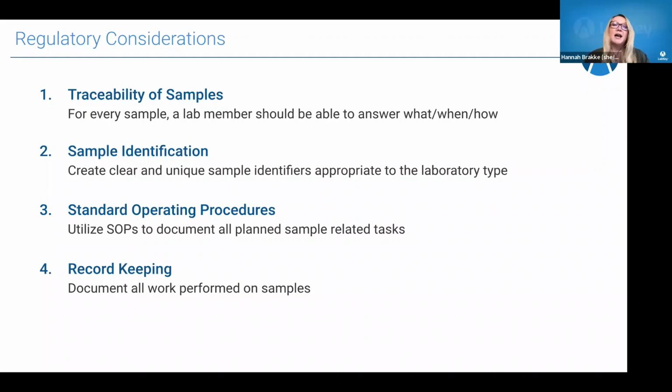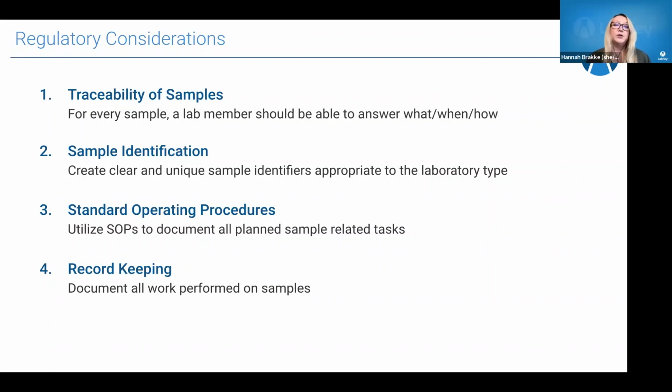So I bucketed this out into really 4 major regulatory considerations, and these are all really going to be useful regardless of the regulatory agency or body that you guys are reporting to or wanting to follow. So the traceability of samples is really key. You're probably here because you know that that's an important aspect of being able to manage clinical trial samples.